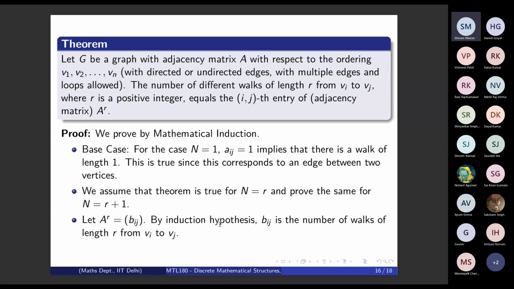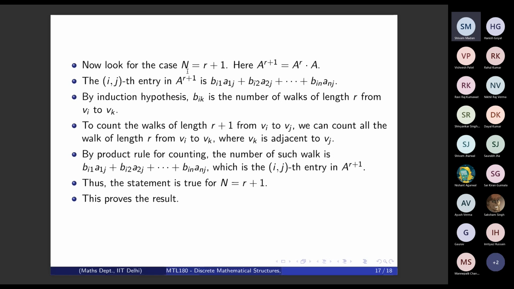So by the induction hypothesis, Bij means the number of walks of length r between Vi and Vj, right, by the hypothesis. Now what is A power r plus 1? If you take n equal to r plus 1, then A power r plus 1 will be A^r into A, and by multiplying you get that the ijth entry is this one.